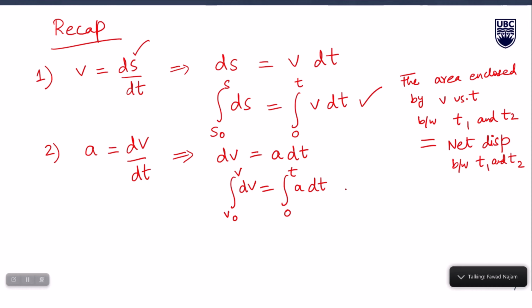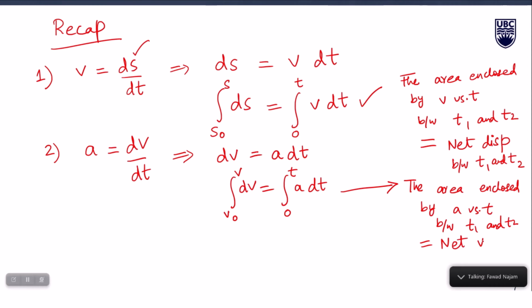Again we have a graphical interpretation of it, and that is the area enclosed by the acceleration versus time relationship between any two time instants t1 and t2 is equal to the net velocity change between the same times t1 and t2.